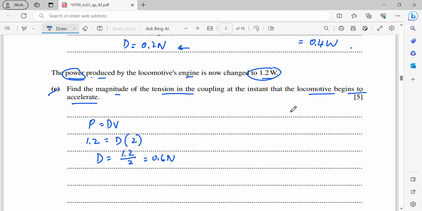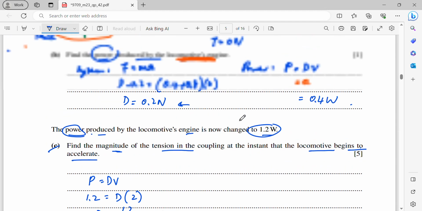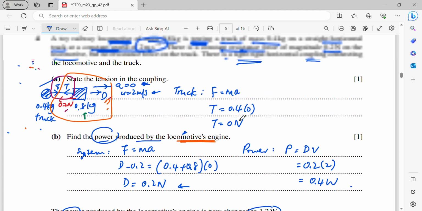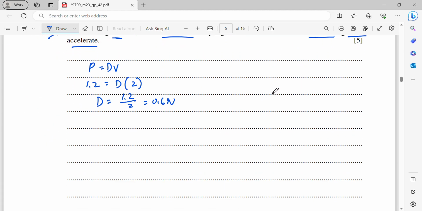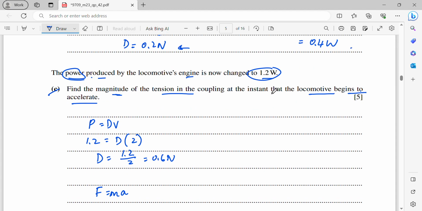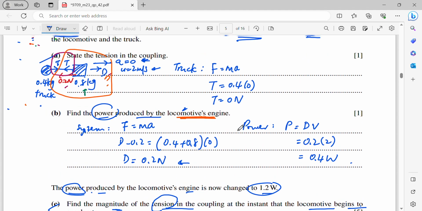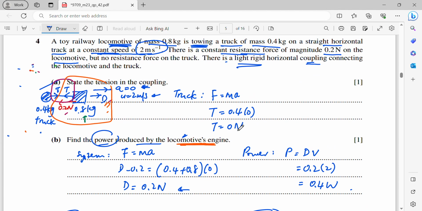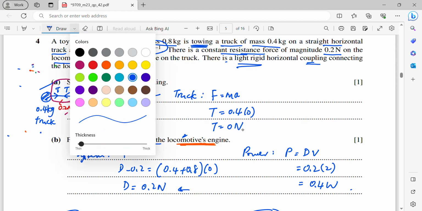Now again, before you get the magnitude of tension, I have to consider Newton's second law. So I will write F equals ma. Now you need to get the tension. When I refer back to the diagram, I will refer to the truck. So the truck is here.